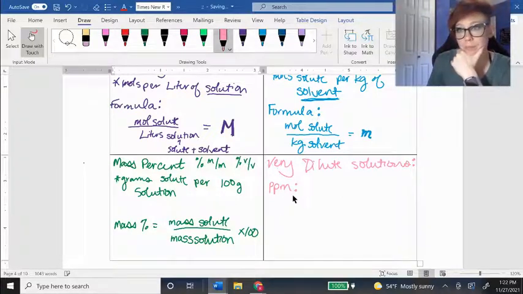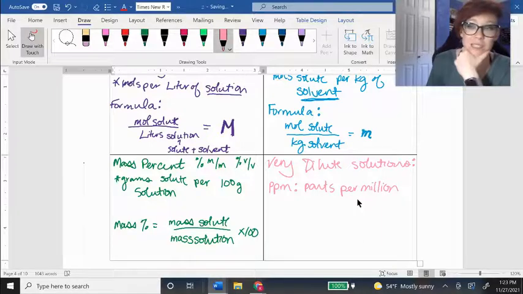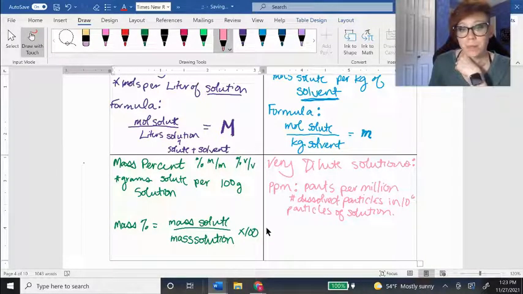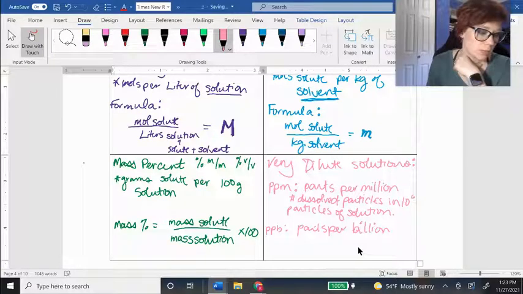So ppm stands for parts per million. Now a million is 10 to the 6. So this is the number of dissolved particles in 10 to the 6 particles of solution. Again, parts per billion would be more dilute than parts per million, but it's ppb. So parts per billion is going to be 10 to the 9.